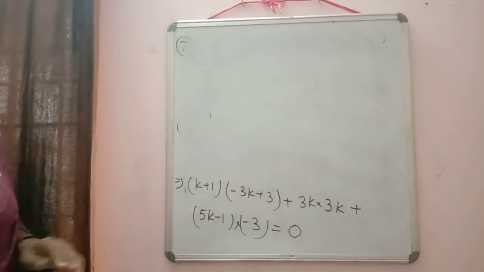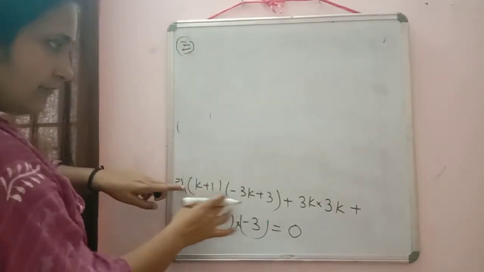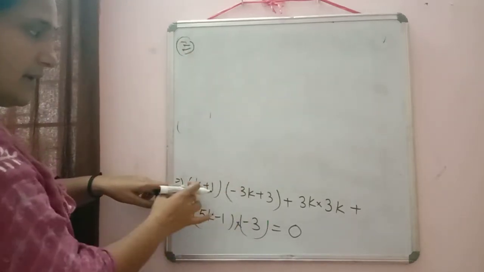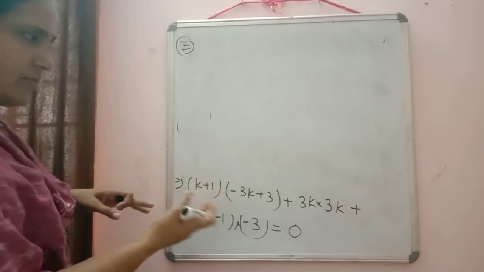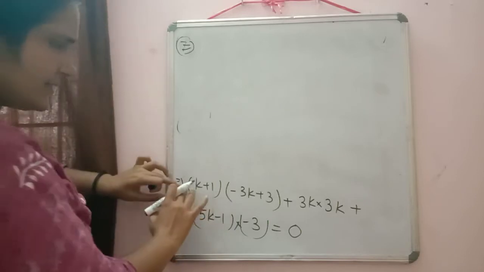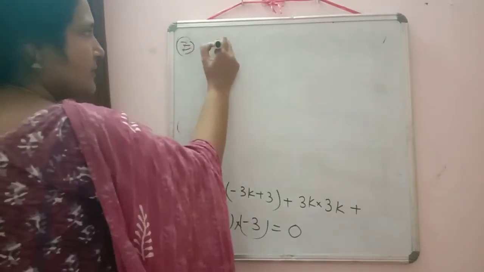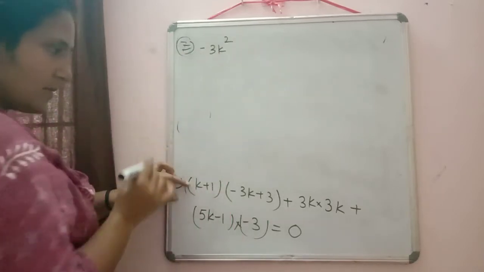Now we will simplify it. If you want, you can take 3 common, then you can use the identity also. If that is not comfortable with you, then just multiply the terms. K into minus 3K will be equal to minus 3K square.